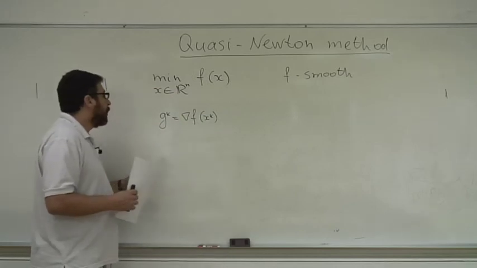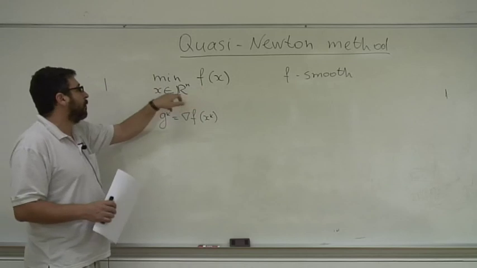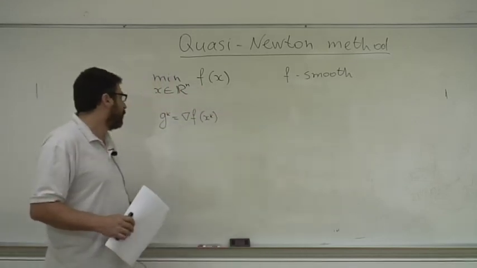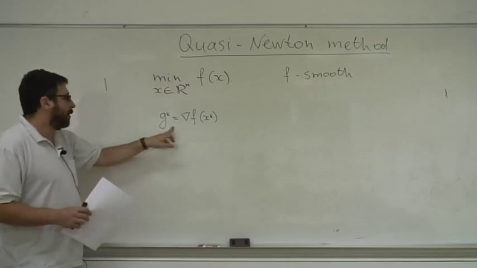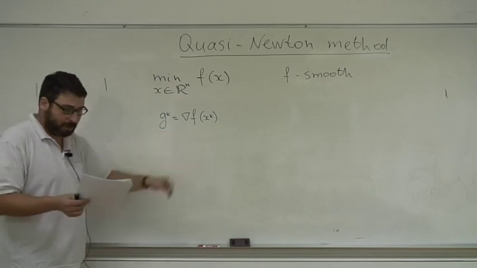So, again, as before, we consider a problem, minimization over R n of a smooth function, and g k is the gradient at our current point.